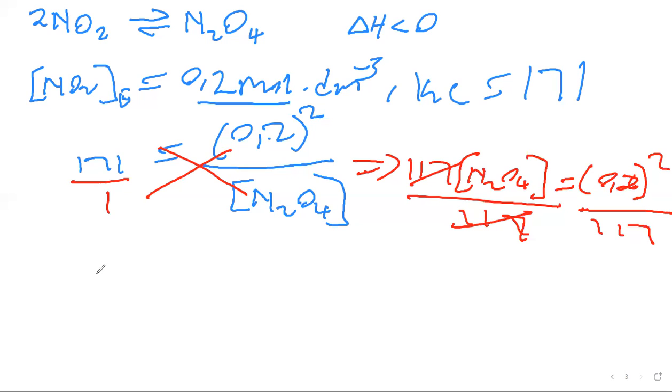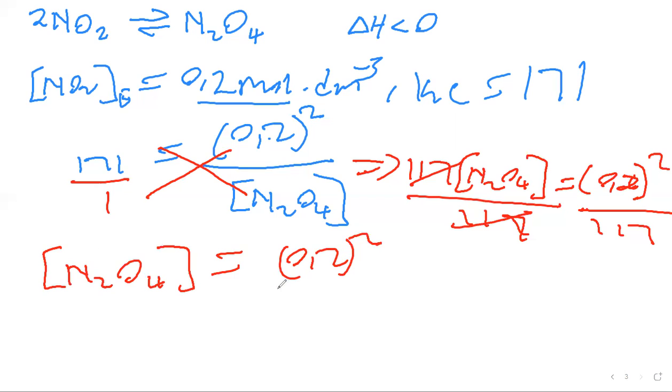Now, what's left in the equation is the concentration of N2O4 is equal to 0.2 squared over 171. Let's find that value.